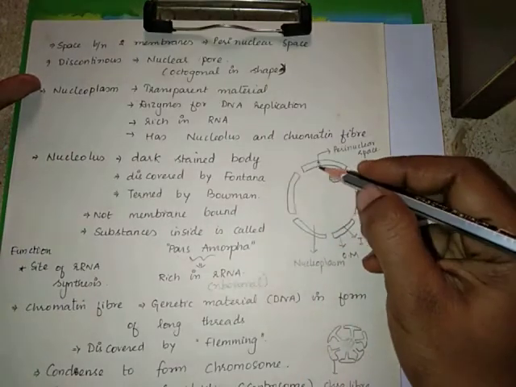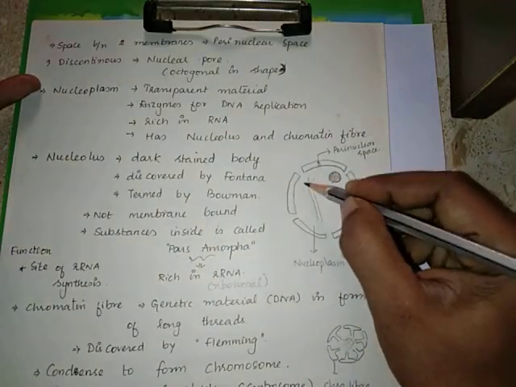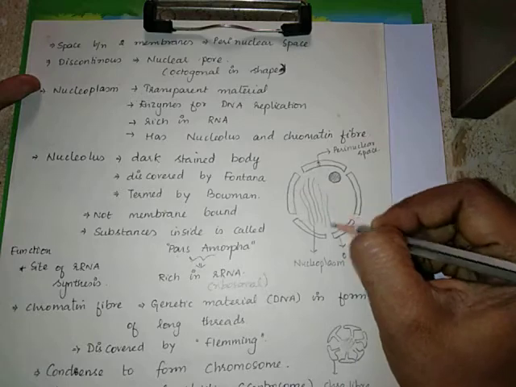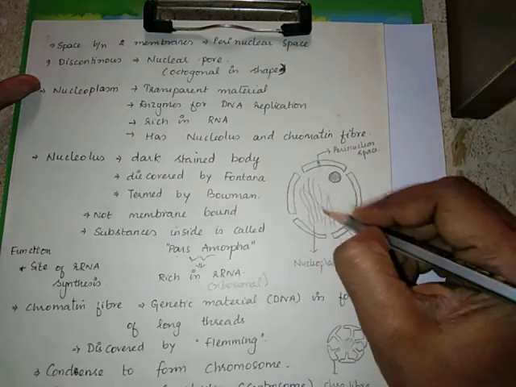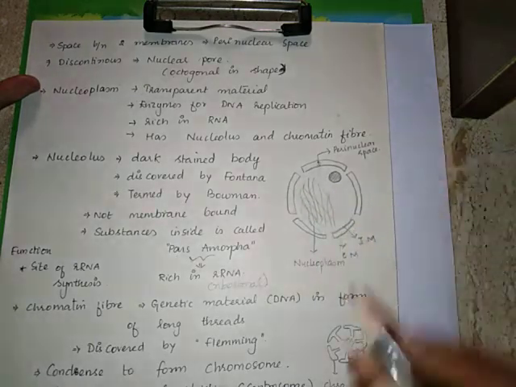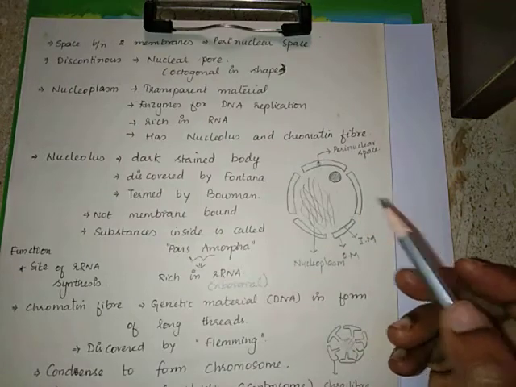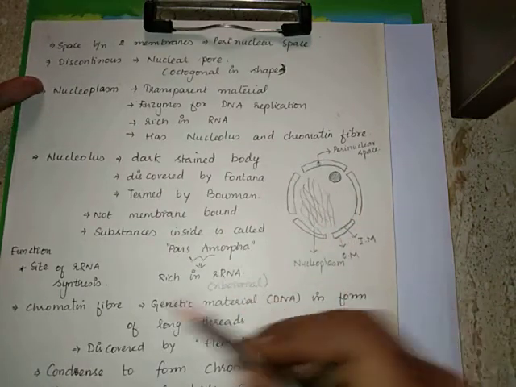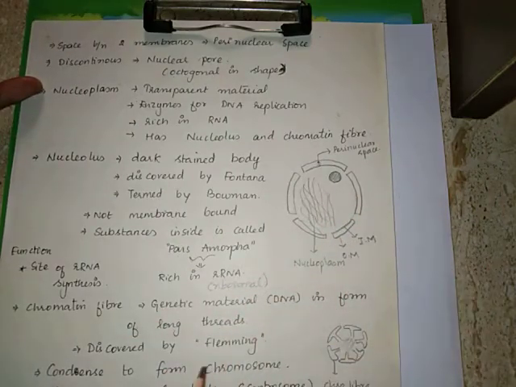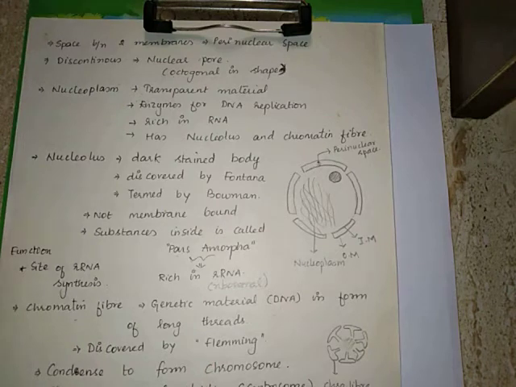And the remaining part of the nucleus is going to be chromatin fibers. Chromatin fibers are usually arranged in form of threads. The genetic material, that is DNA, in form of threads, we call it as chromatin fiber. And the presence of DNA as chromatin fiber was discovered by Fleming.